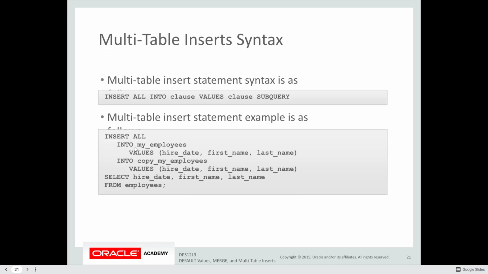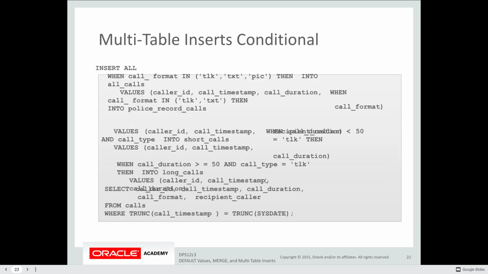We're basically building these tables, my employees and the copy of my employees, from our employees table. You can visualize how that could be useful if you have a large amount of data and even several tables that you need to update, depending upon how it's used.